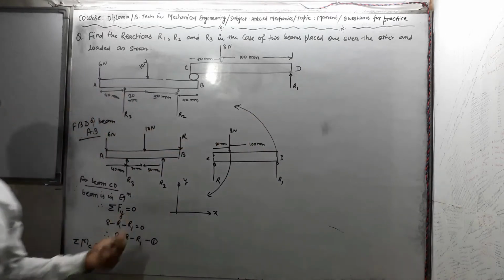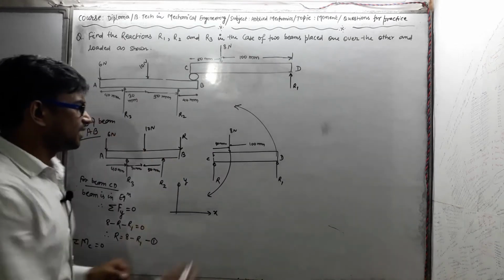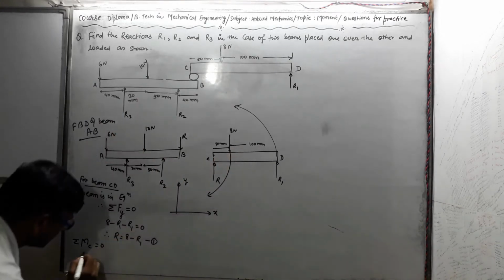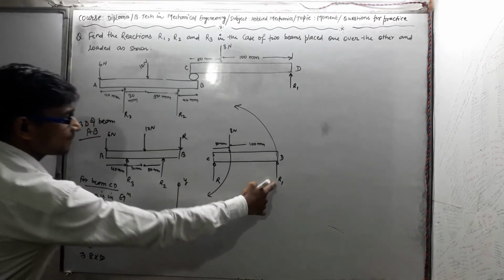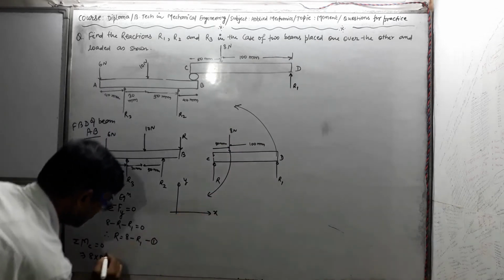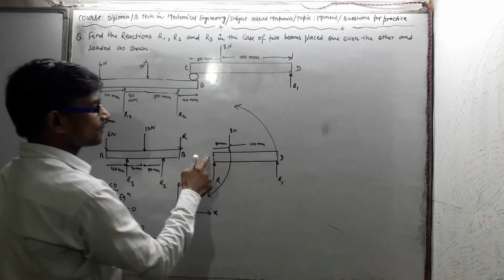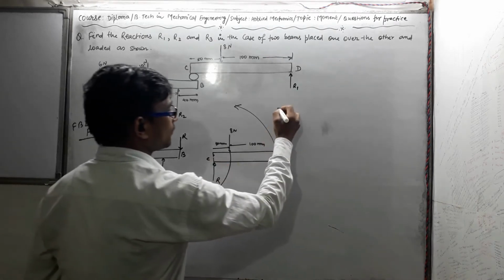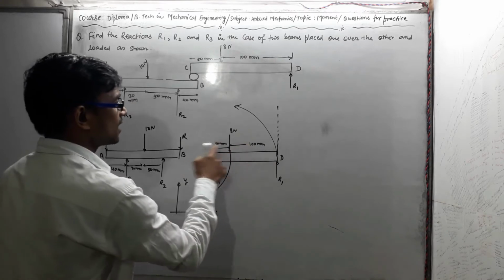Considering clockwise moment as positive and anti-clockwise as negative, we get 8 multiplied by 50 minus R1 multiplied by the total distance from the moment center to the line of action of this force, that is 100 plus 50, 150.